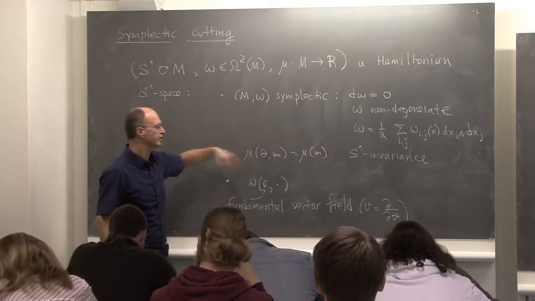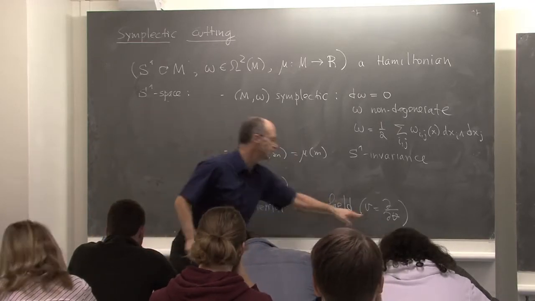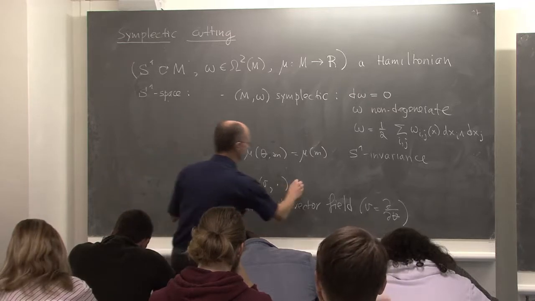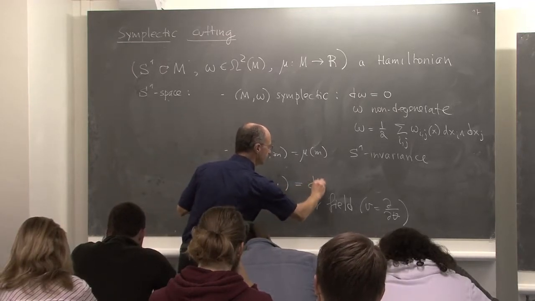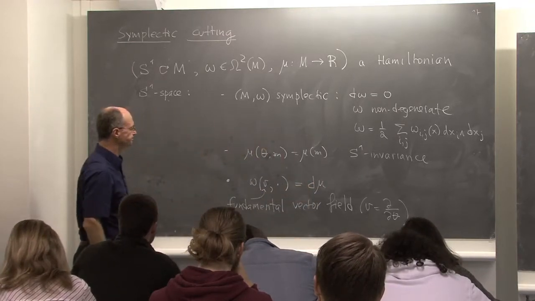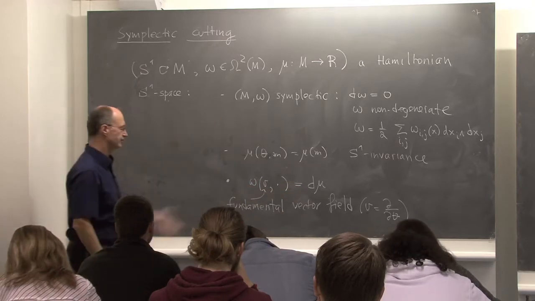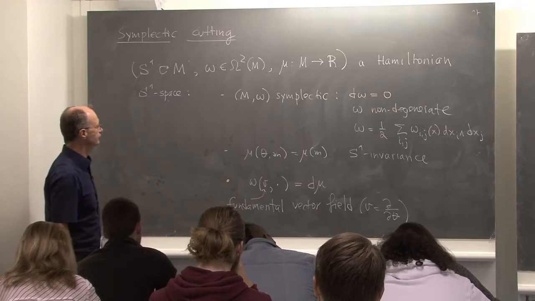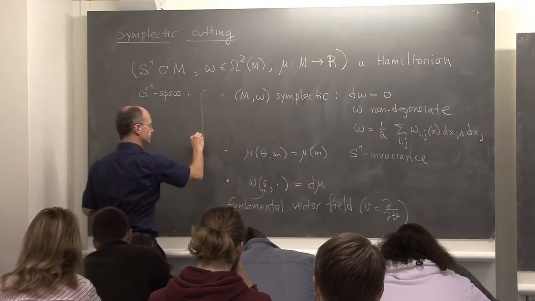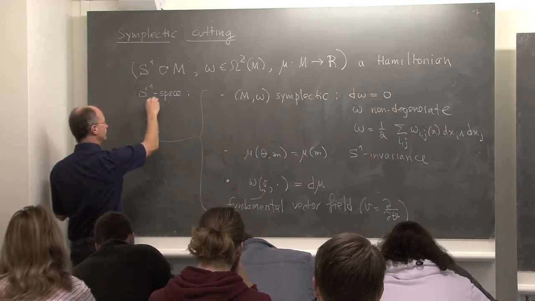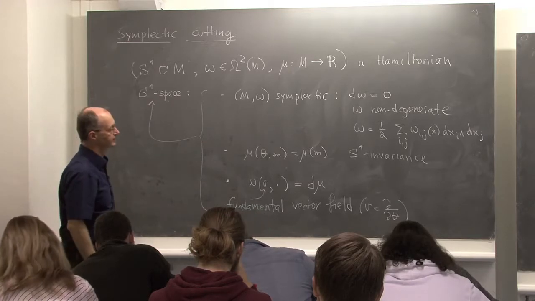You have rotations by angle theta, and V is d over d theta. We obtain exactly the exterior differential of the function mu. So that's the definition of a Hamiltonian S1 space.